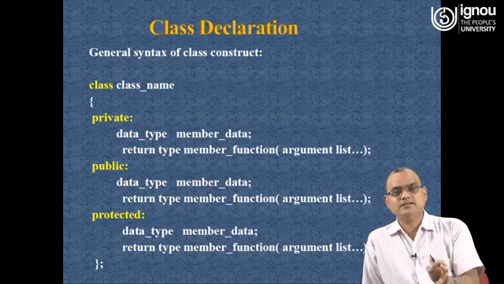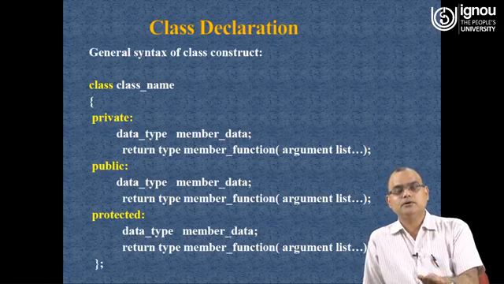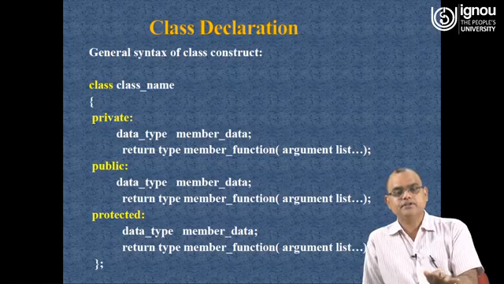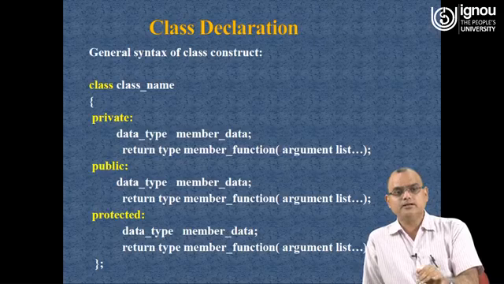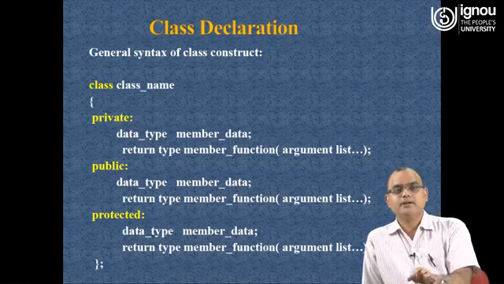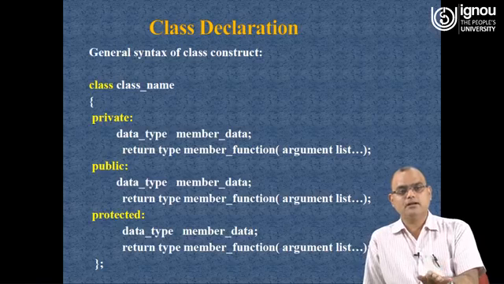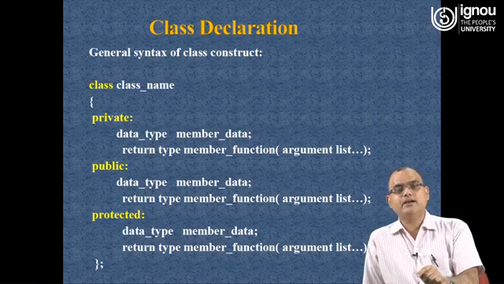Now, you can see this is the structure used to define a class in a C++ program. You write the class keyword, then the name of the class, then your class starts, then you declare the attributes, and then you declare the interfaces or the methods. And one more thing is written there: private, public and protected. These are the access specifiers.